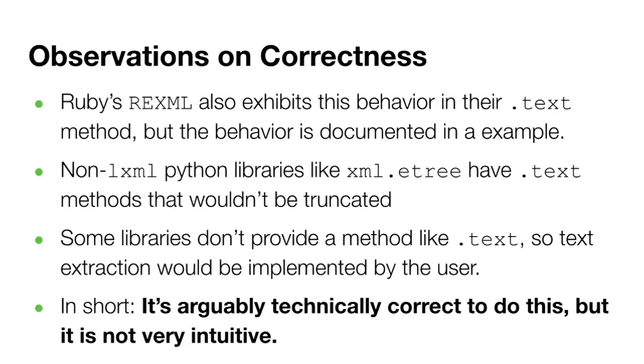But another perspective on correctness may be whether a language ecosystem is consistent. Other Python libraries like Python's ElementTree have a .text method exactly like LXML does, but that one actually ignores the comment and returns the full inner text. So at best you could argue that this behavior is technically correct, but technical correctness may not be intuitive, and unintuitiveness may be hurtful.